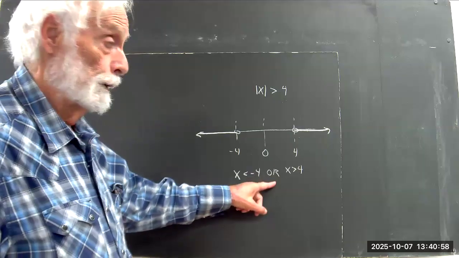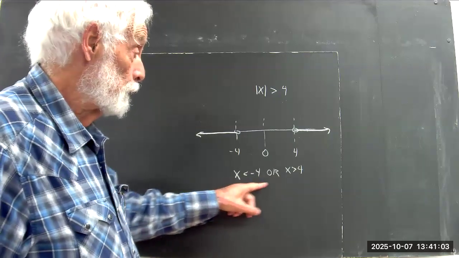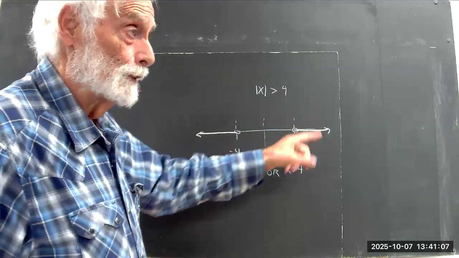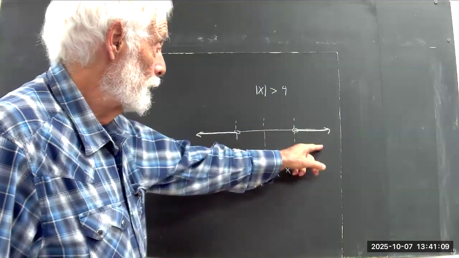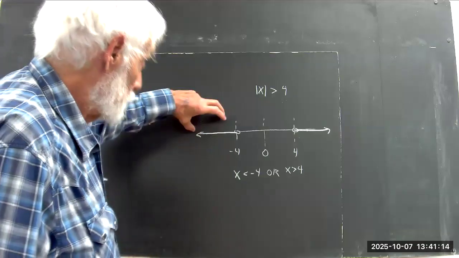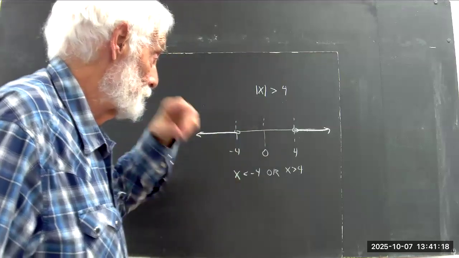Now I don't use "and" here because x can't be both less than -4 and greater than 4. It can't be here and here. Any x value is either here, here, or in here, okay? And if it's here, it counts. If it's here, it counts.